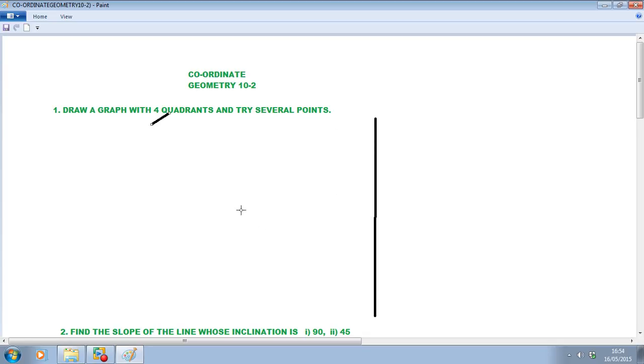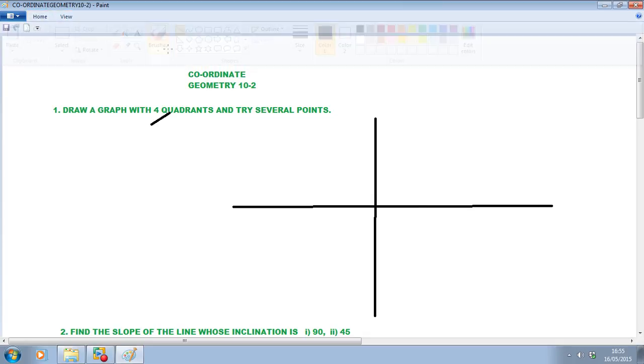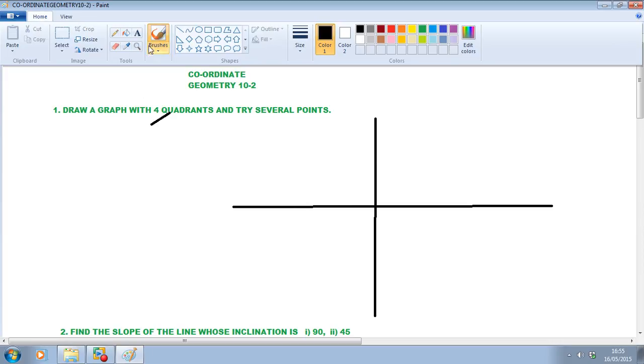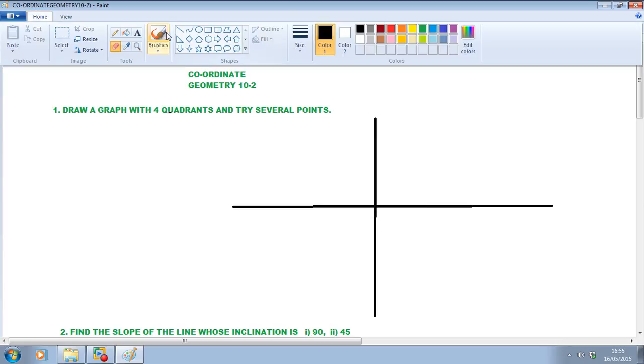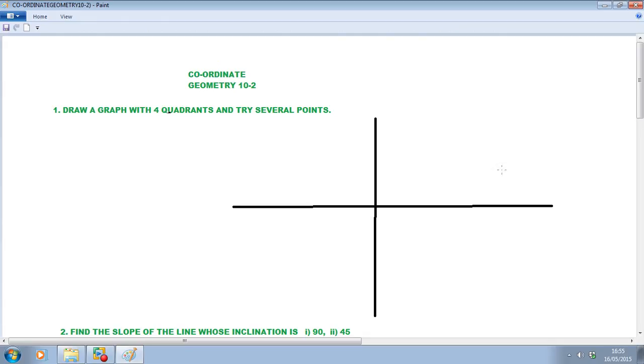X-axis, Y-axis. So we represent various points, and we know there are 4 quadrants. So this is X-axis, this is Y-axis.